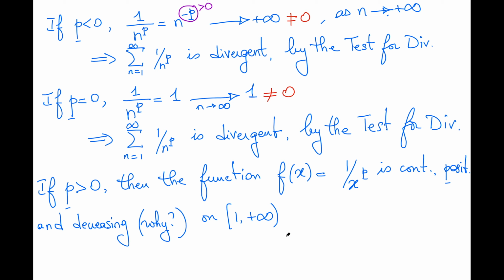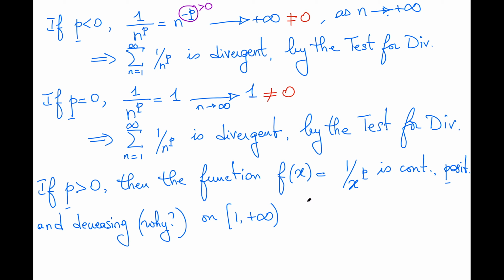All right. So we got these three conditions verified for this function, and observe that f of n is 1 over n^p, which are the terms of the series, for all natural numbers n.